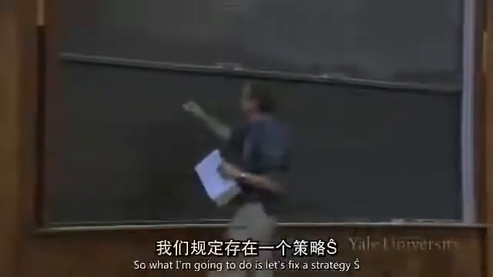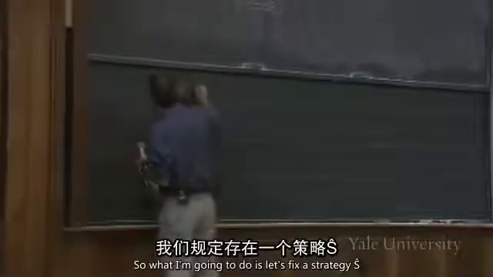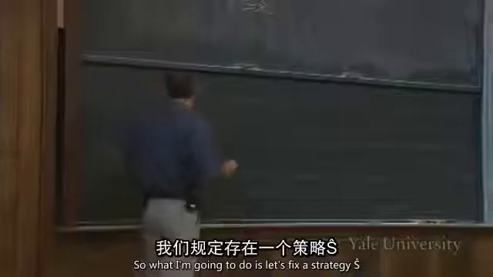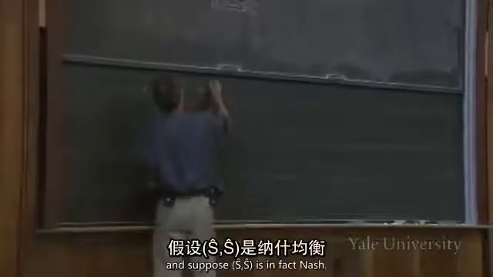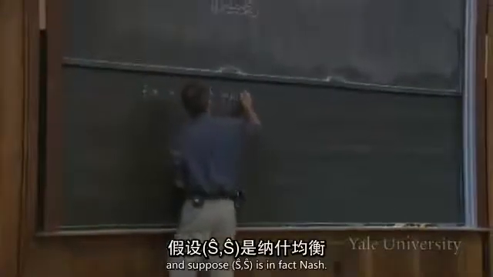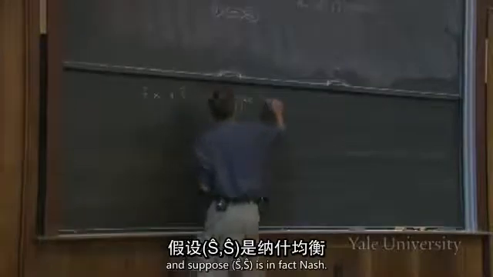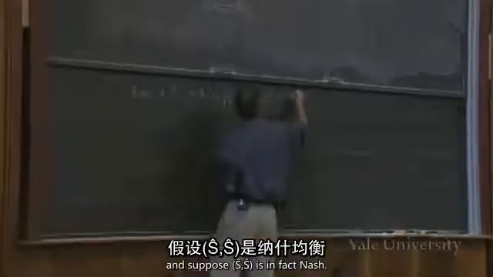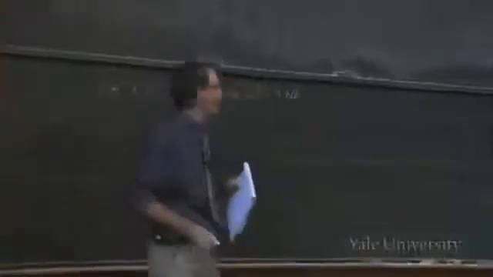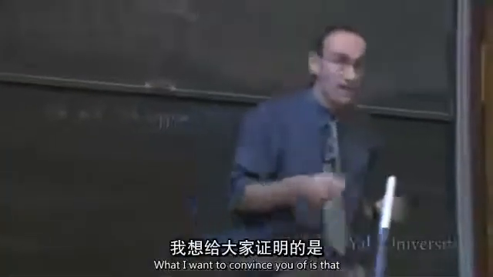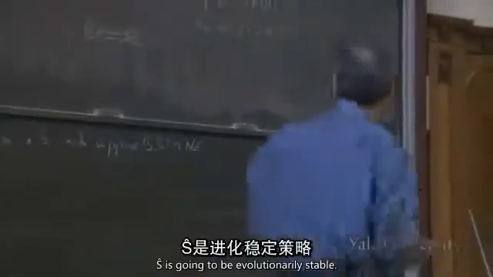All right, so what we're going to do is, let's fix a strategy S hat, and suppose S hat is in fact Nash. That's what I want to convince you of, that S hat is going to be evolutionarily stable.